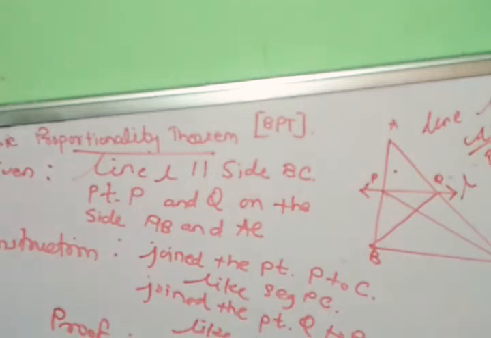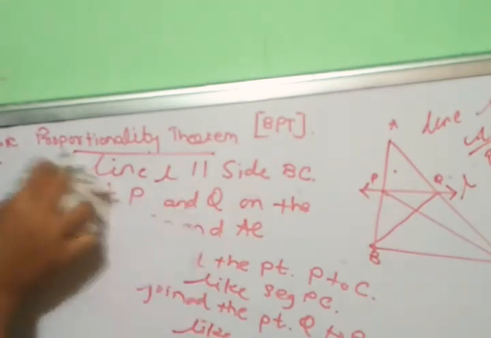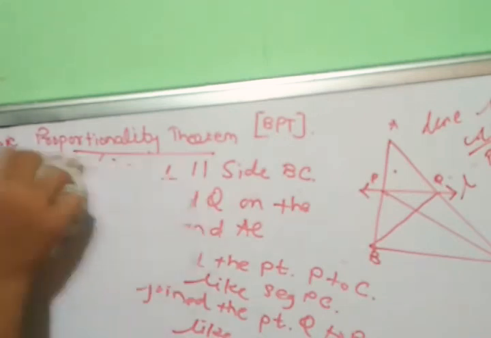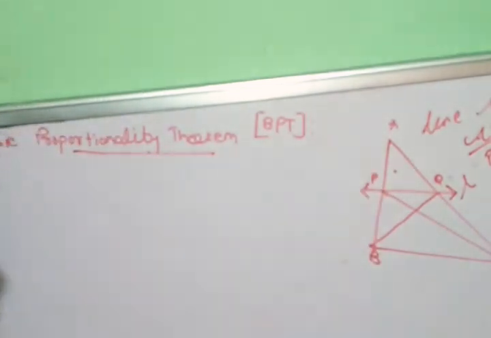Because in the downside we can't see the proof properly, I write the proof on the upper side and clear the given and construction. You will also write this given and construction from your book. We solve this theorem for our understanding, not for writing.